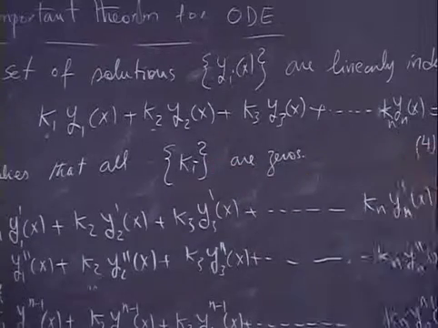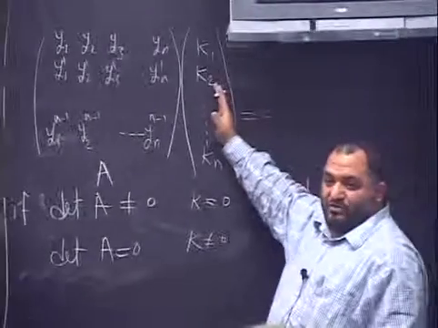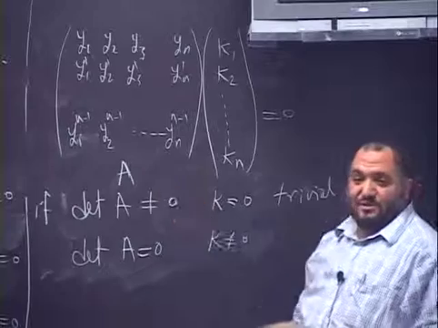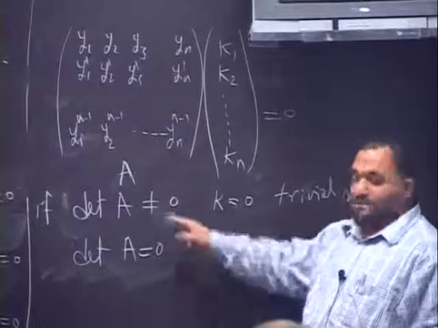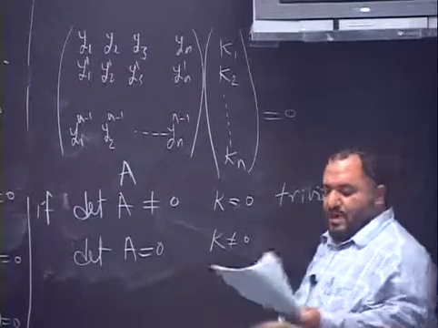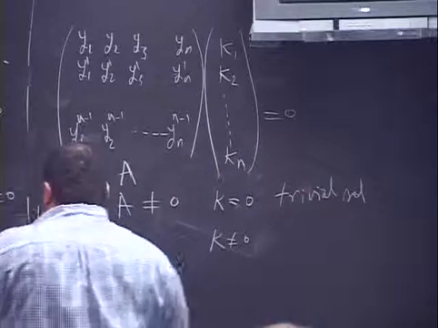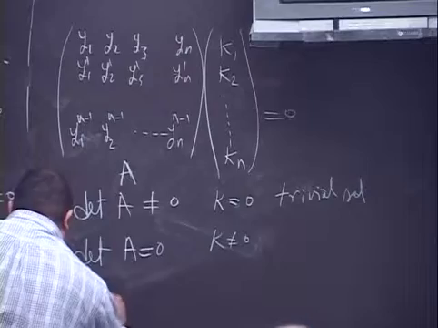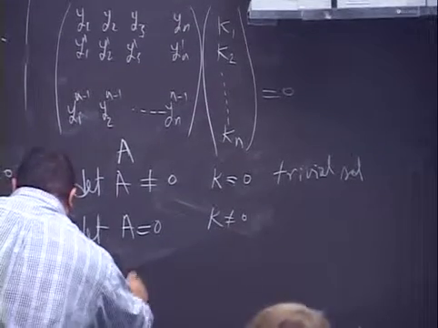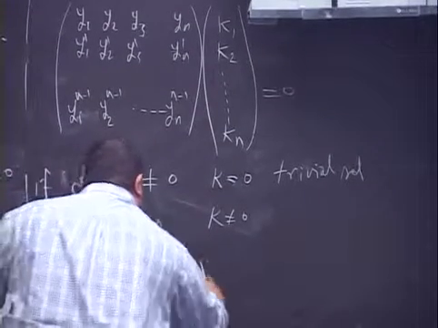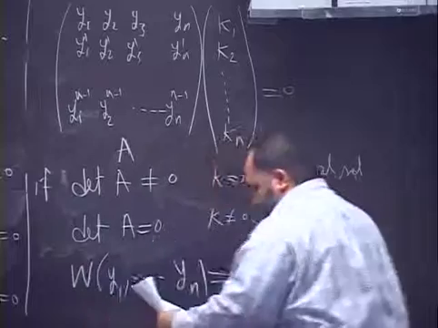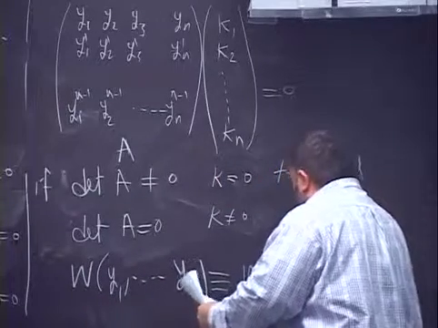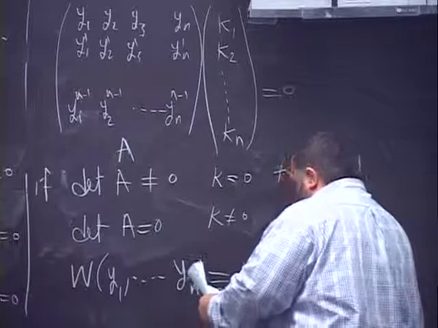So from here, if you want your k vector equal to 0, you have to have this determinant not equal to 0. And this determinant here is called W of y1 up to yn, and it is called the Wronskian.